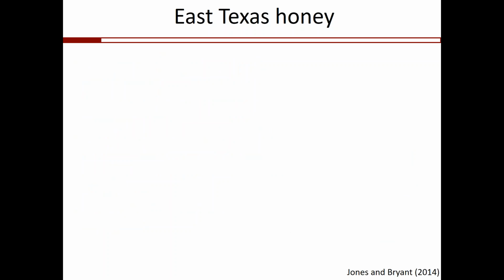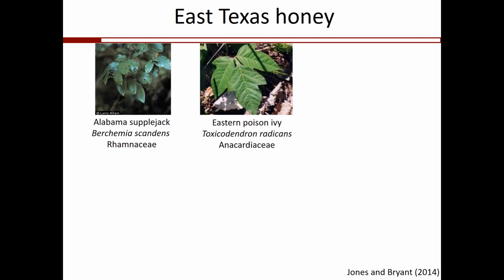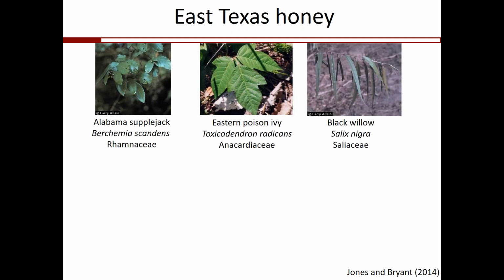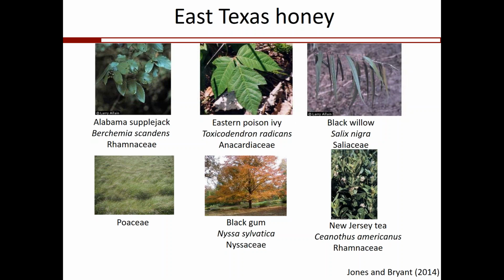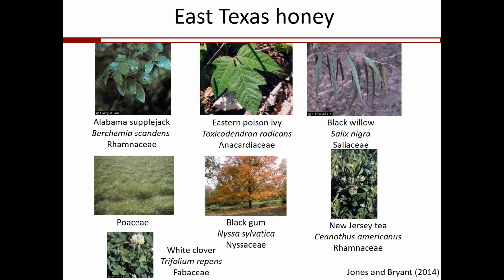Okay, so I'm just gonna go over his results real quick. I'm gonna show a bunch of pictures of different plants, and those are gonna be in descending order of the most abundant pollen types that he found throughout the study. So here's the top 7 pollen types that he found in East Texas: Alabama supplejack, eastern poison ivy, black willow, grass, black gum, New Jersey tea, and white clover.